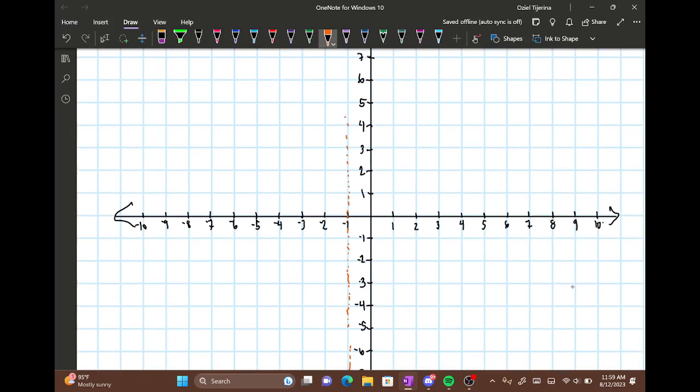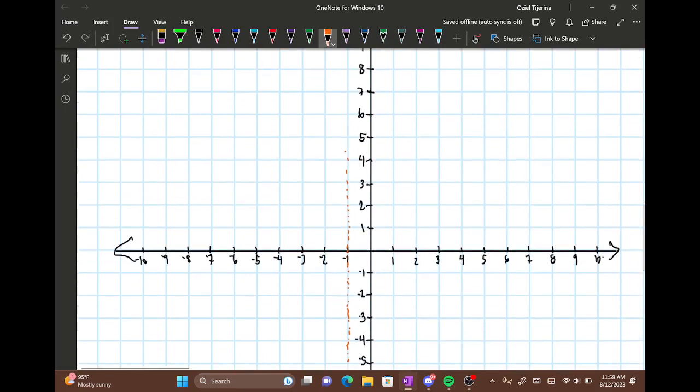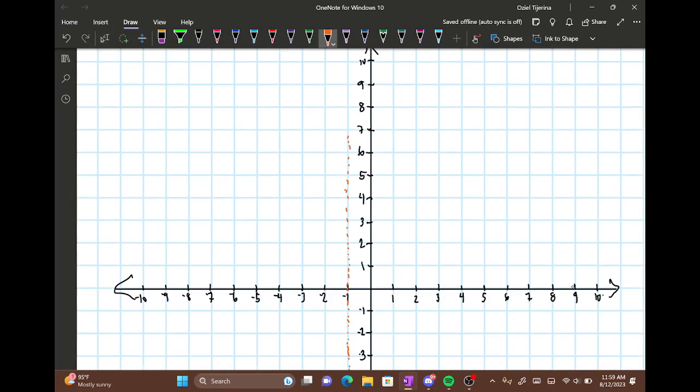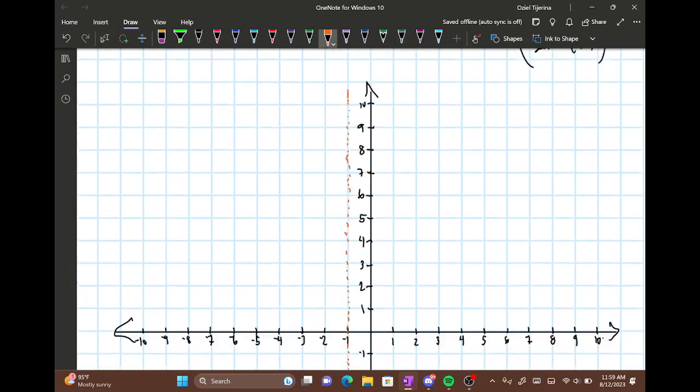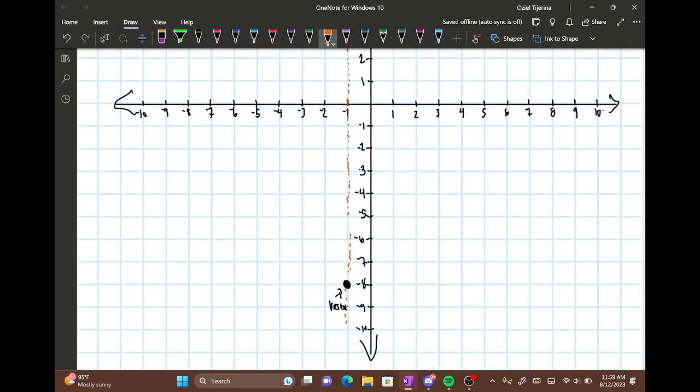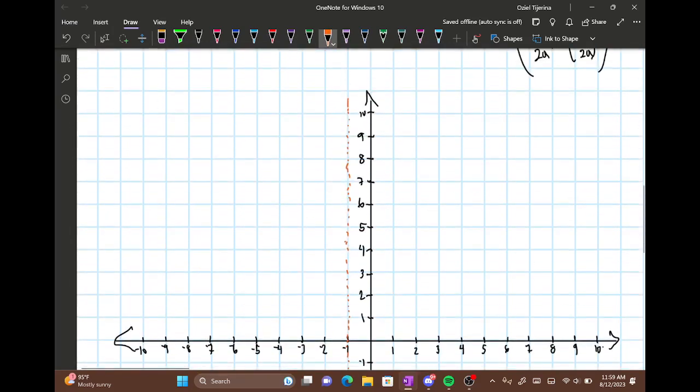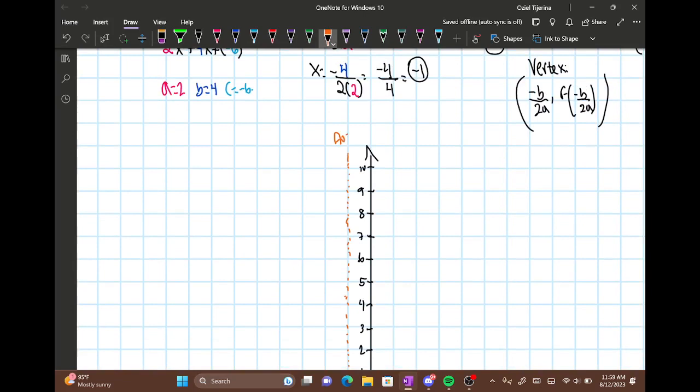My axis of symmetry is right here. It's the line that divides the parabola in half, like this. So my axis of symmetry, AOS, is x equals negative 1.